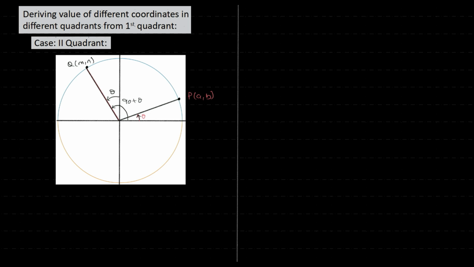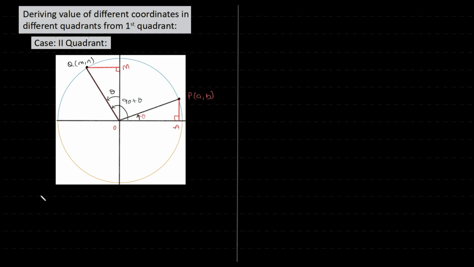Now, how am I going to do this? I'm going to do this with the help of your old friend, congruency. I'm going to drop the altitudes, and thus I have triangles. Say this is O, A, P, and this is O, M, Q. So we have this set of triangles, and are they congruent?